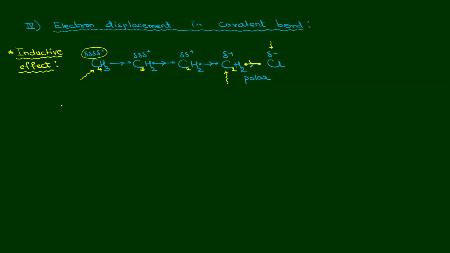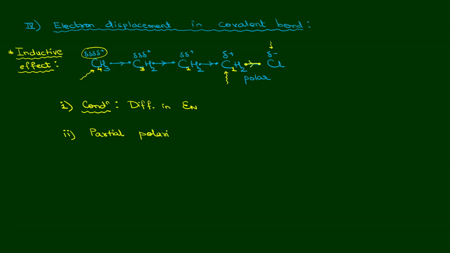So understand the important points. First, the condition for the inductive effect. Why would it take place? It will take place whenever there is a difference in electronegativity, due to which a partial polarization is developed between the atoms. Partial means the delta charge.